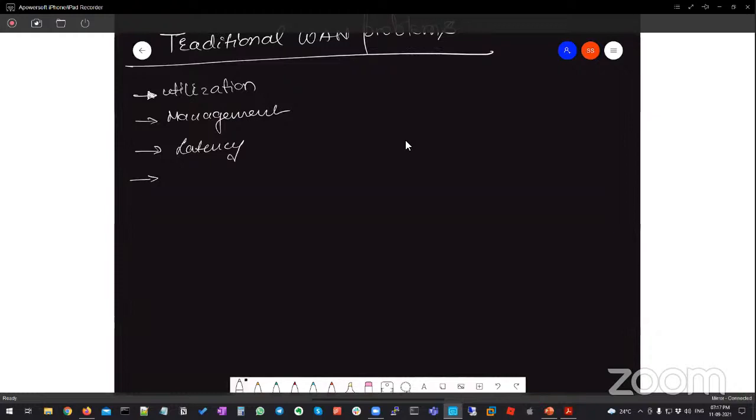Will utilization fall under bandwidth? Utilization I already wrote. So it is carrier dependent, right? Automation. Automation up to a limit you can do in your traditional WAN, but yes, you can take it.